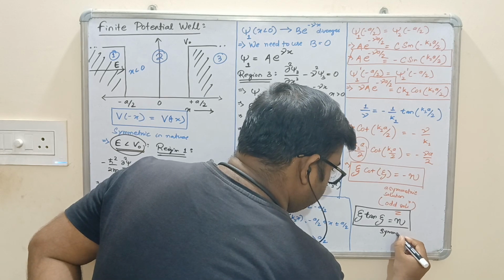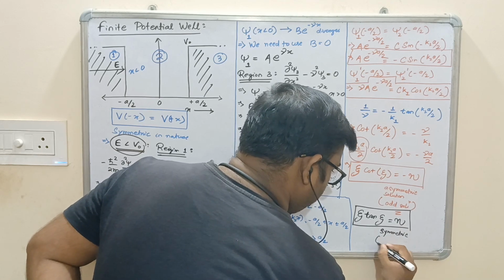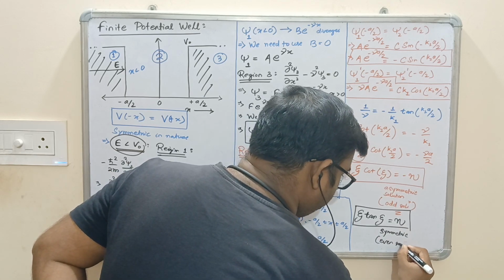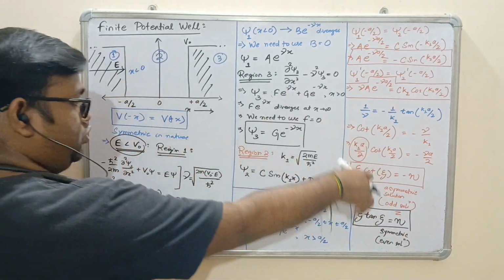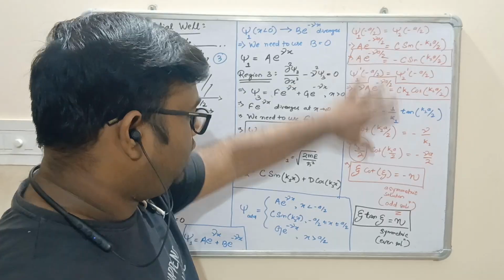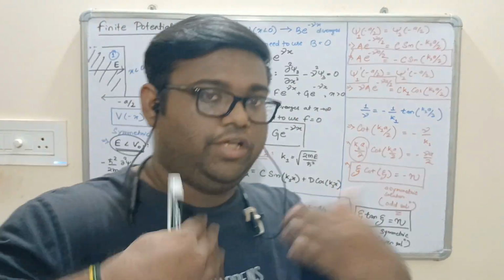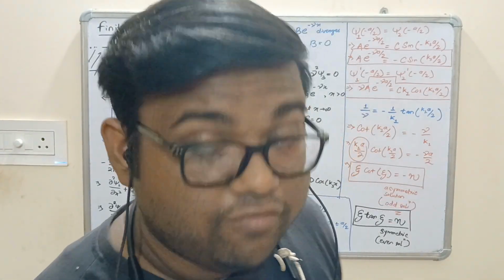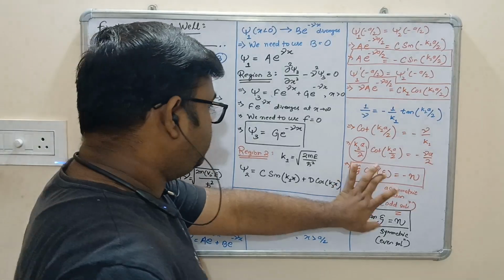This is the solution for the symmetric, even case. Now these two are your required system, and then you have to study how you can find bound states using these two equations.